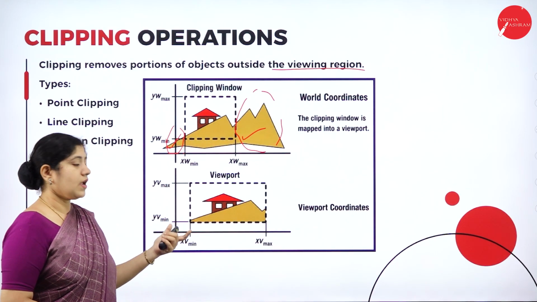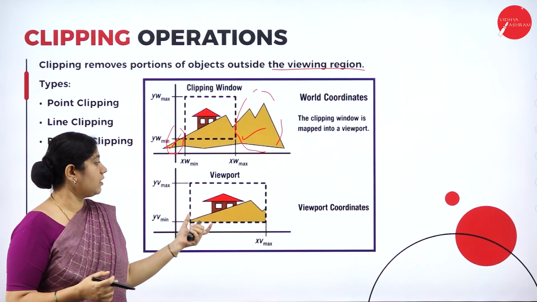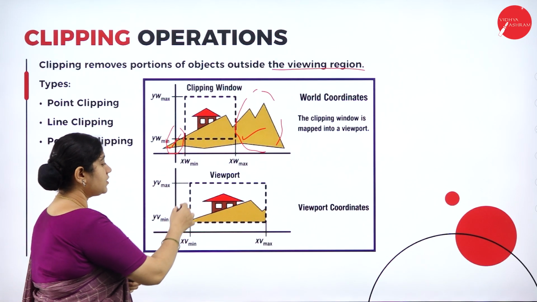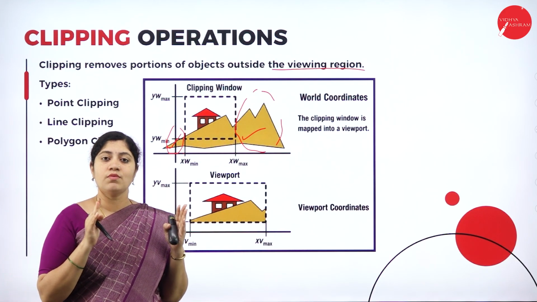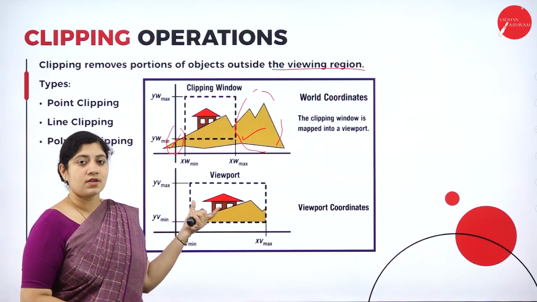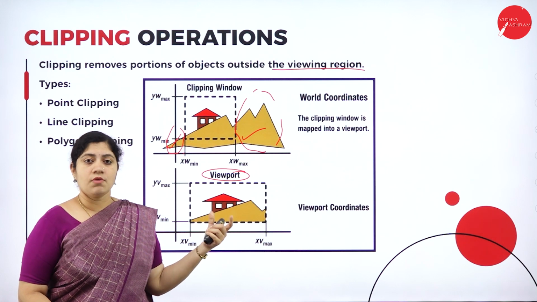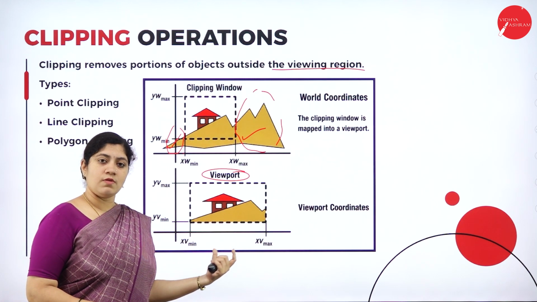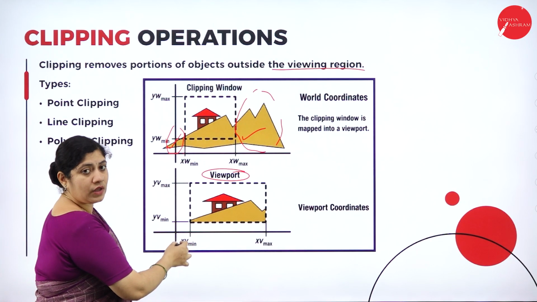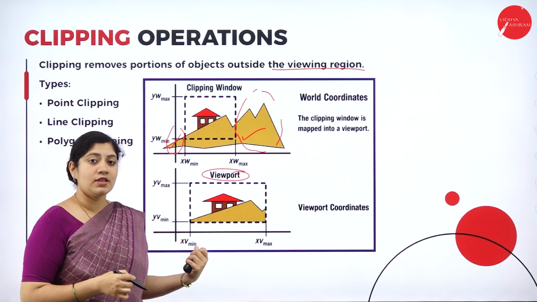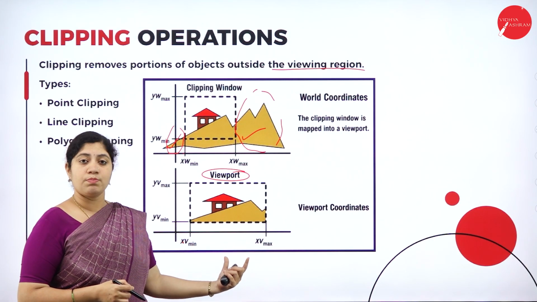In the same way, if you see the clipped image, then we get a good nice image only inside that display part or in the viewing portion, and that is considered as a viewport. What is it called? A viewport. Now with respect to the viewport, again we have minimum and maximum values with respect to x and y coordinates. So it is xv min, v in the sense of viewport, x viewport minimum, x viewport maximum.